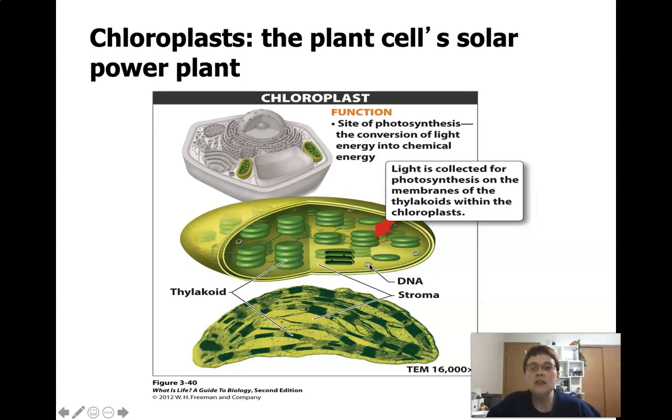You can also see, just like with the mitochondria, they've got their own DNA. So these guys are just like the mitochondria. They are ones that we think got eaten by a eukaryote ancestor and converted into an organelle.